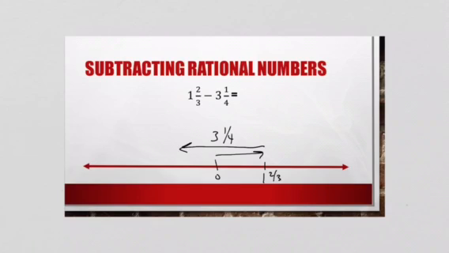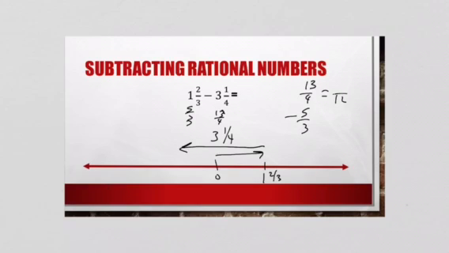So let's go ahead and change these to improper fractions. 1 2/3 will become 5/3. 3 1/4 will become 13/4. Now we need to subtract their absolute values. So to subtract their absolute values, we would do 13/4 minus 5/3.